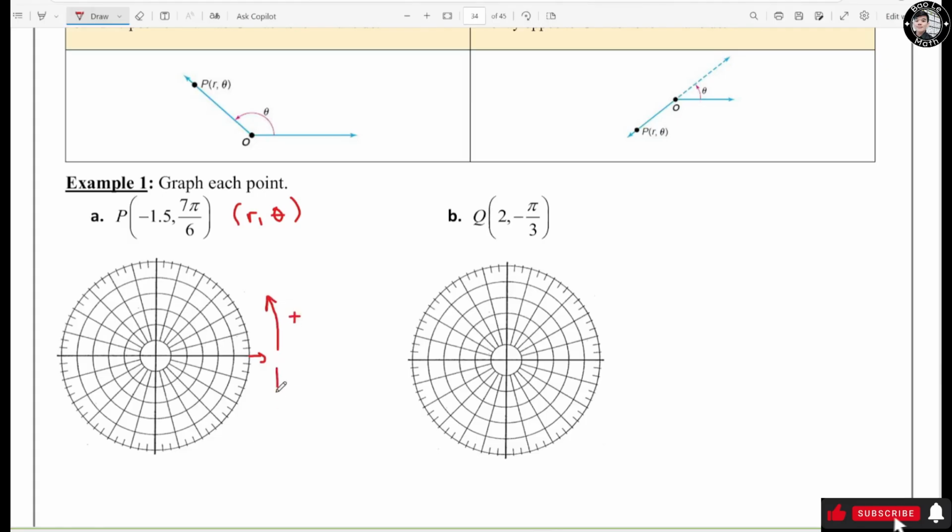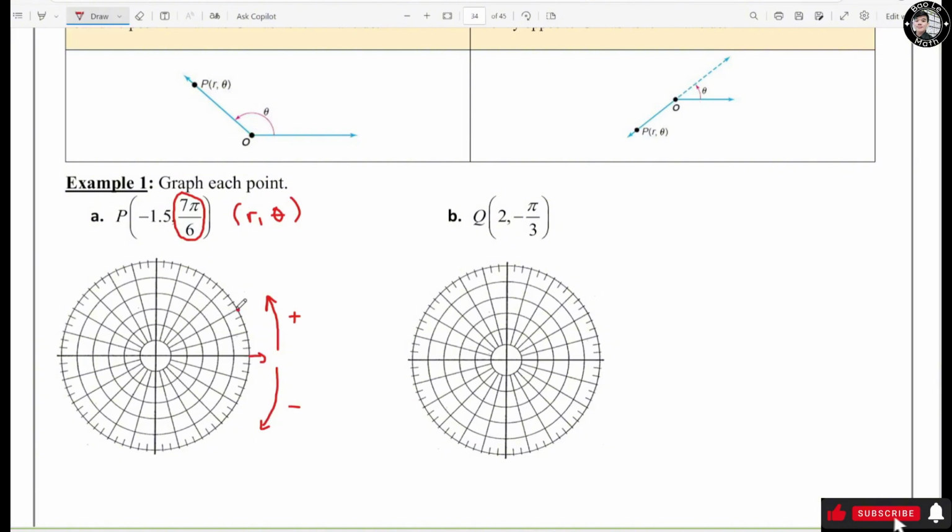If you go clockwise, the angle is negative. The first thing you need to do is sketch the angle. The angle here is 7 pi over 6, so theta is 7 pi over 6. Since 7 pi over 6 is positive, you need to go counterclockwise.